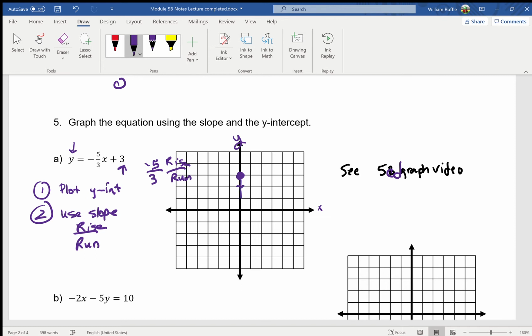So 1, 2, 3, 4, 5. Then I have to run 3. 1, 2, 3. I plot my point, and there is my line. Okay, that is using slope and y-intercept to graph.